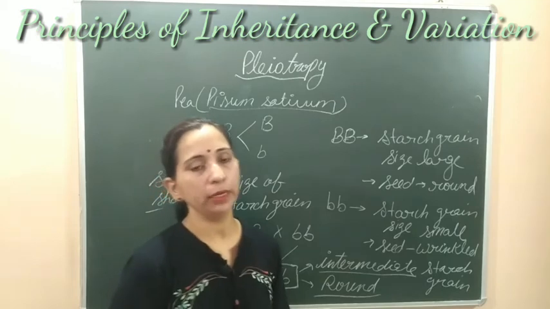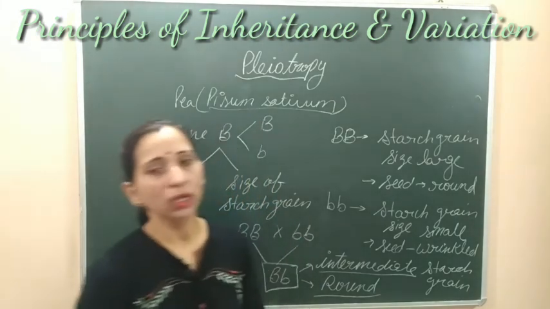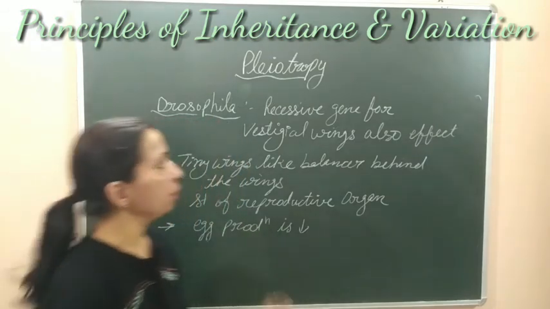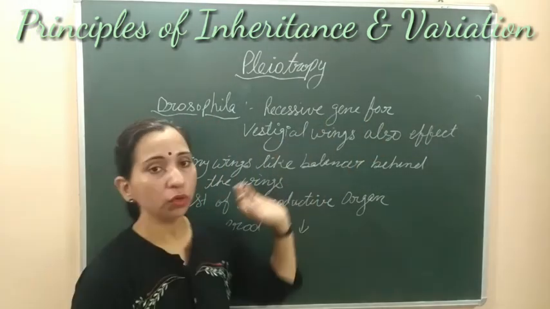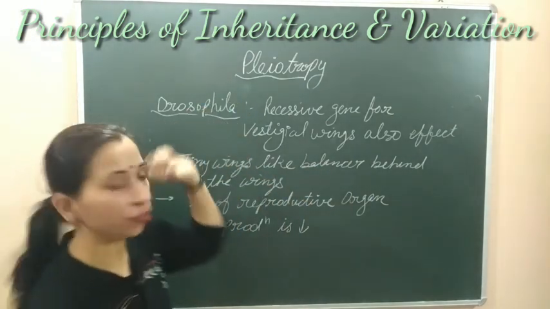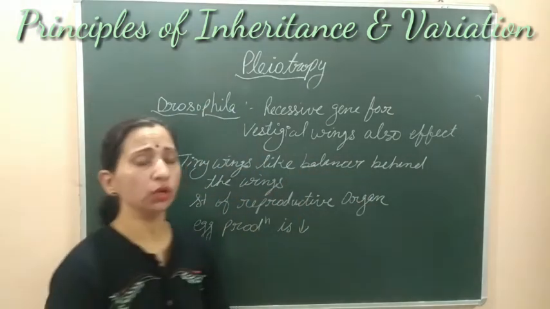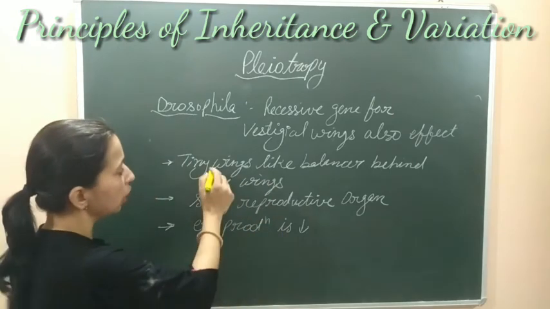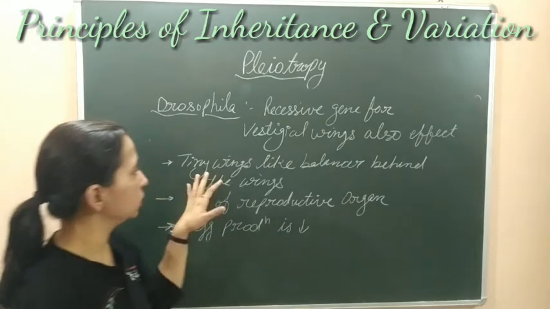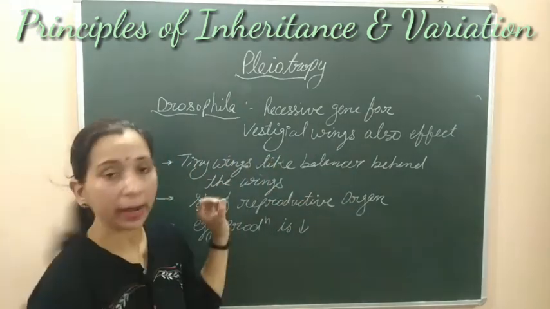Pleiotropy can be explained in the case of Drosophila also. This is the example of pleiotropy in Drosophila. In Drosophila, the recessive gene for vestigial wings also affects some other phenotypes. It affects the presence of tiny wing-like balancers behind the wings.